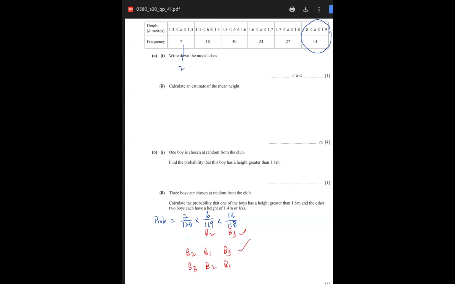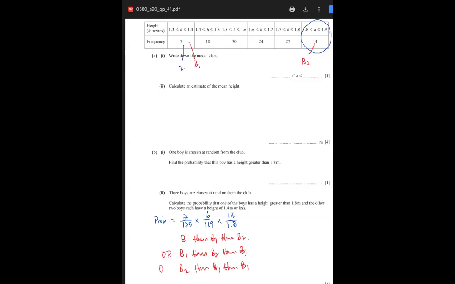Okay, I'm going to label this first, just to make my explanation a bit clearer. I'm going to label the boy that I choose from this group B1, this one B2. So I can do B1, then B1, then B2. I can also do B1, then B2, then B1. I can also do B2, then B1, then B1.